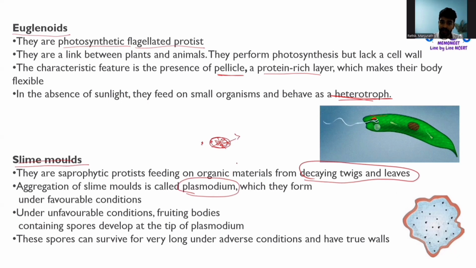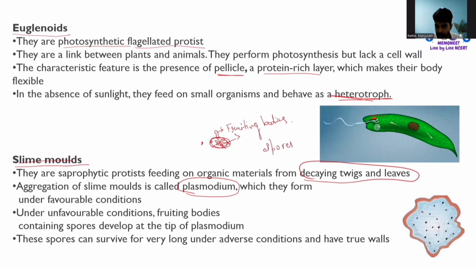During unfavorable conditions, a fruiting body normally emerges from this plasmodium, and this is the fruiting body. These fruiting bodies contain the spores.